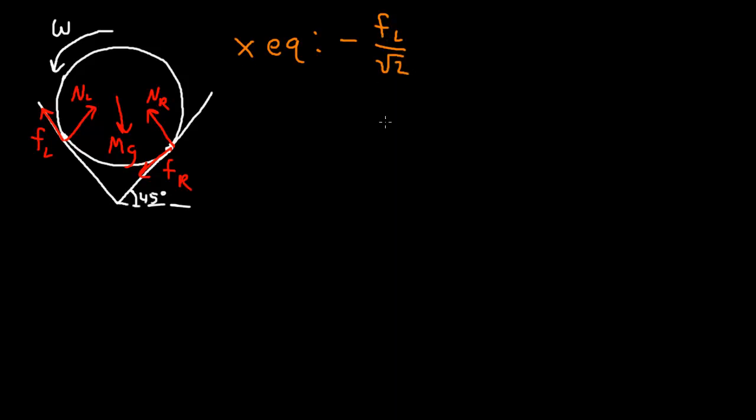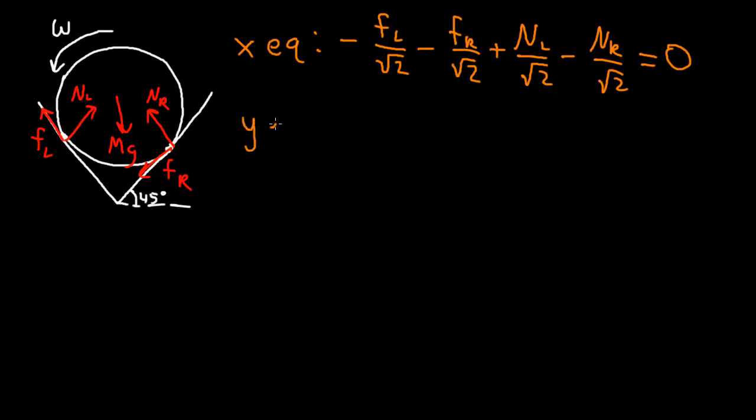So minus F sub L over square root of 2, same thing with the right frictional force, minus F sub R over square root of 2. And now the two normal forces, N sub L acts towards increasing x, and N sub R acts towards decreasing x. So these guys sum to 0.